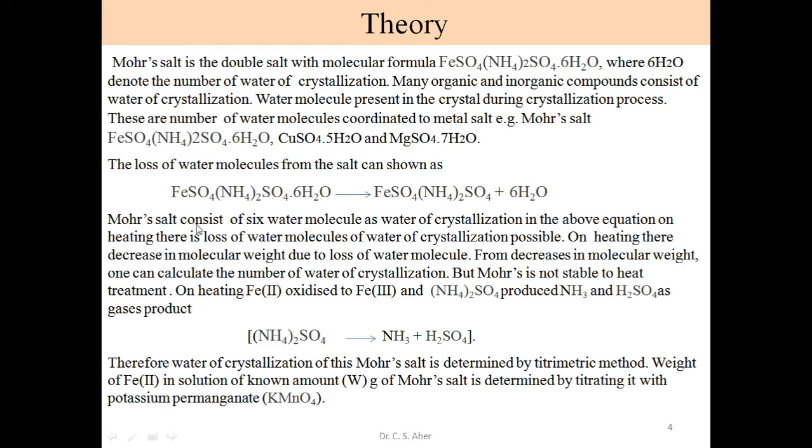The weight of Fe2+ is calculated using titration with KMnO4. That weight of Fe2+ and the actual weight of Mohr salt taken in the experiment have a difference, and the difference is the weight of water molecules. That will be clear in the next slide.